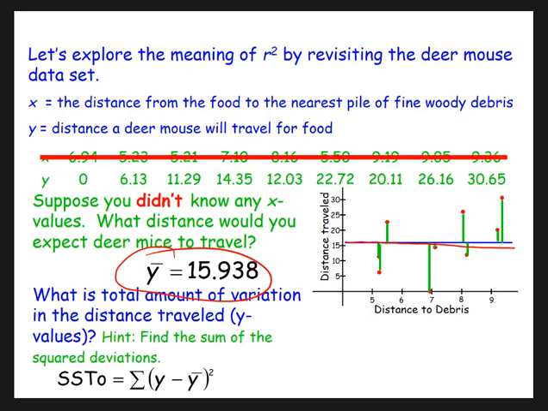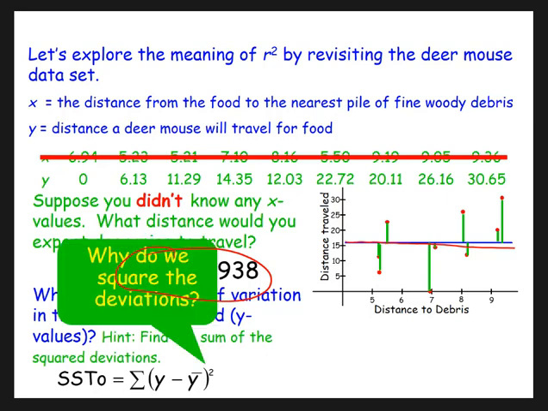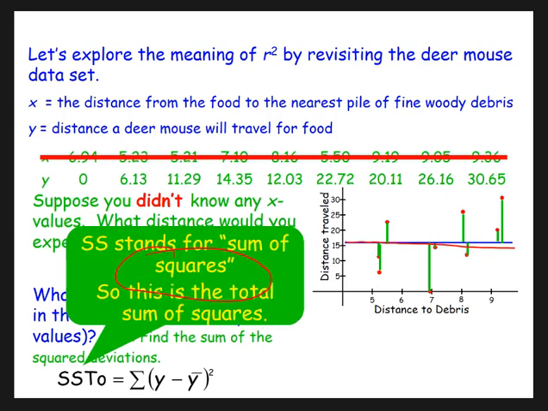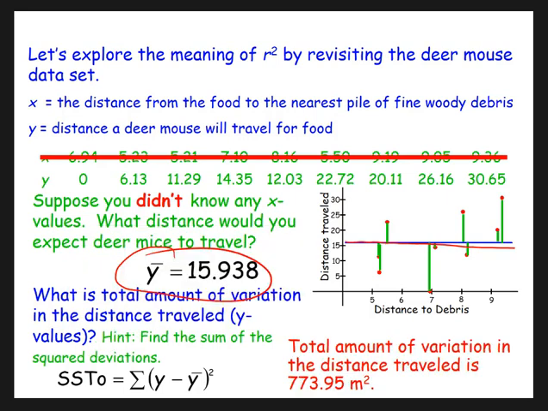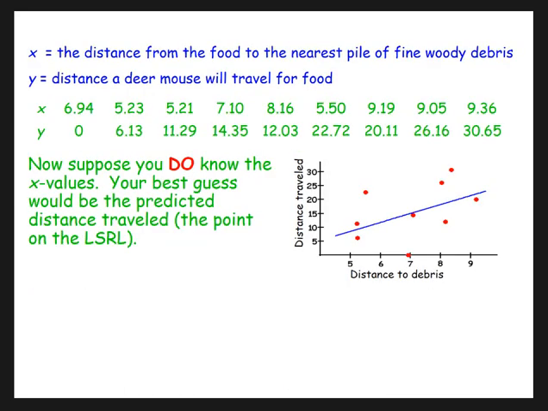We find those residuals using the square of the residuals. So that's our squared deviations again. SS stands for the sum of the squares again. So this is the sum of our squared residuals. We square them because if we don't, they're going to add up to 0. The total amount of variation in the distance traveled is 773.95.